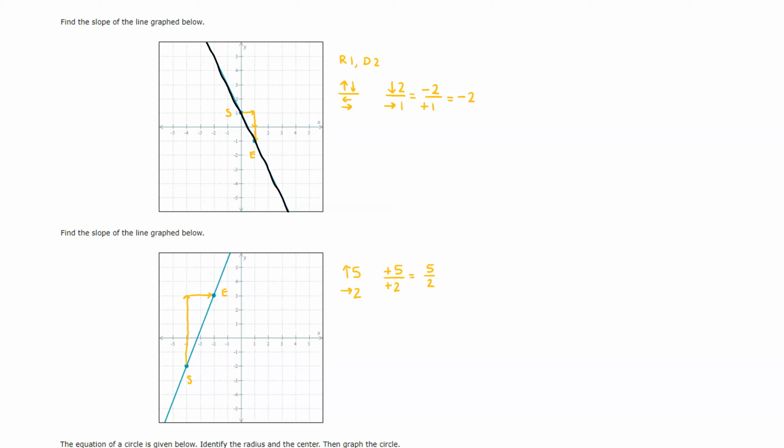So that's going to be a negative slope because my graph is going down as I read the graph from the left to the right. Versus this other one, when I read from the left to the right, my graph is going up, up, up, up, up. So that's positive. So you can tell the positive or the negativeness of a slope by what the picture looks like, but you should still also account for it when you're doing your counting.